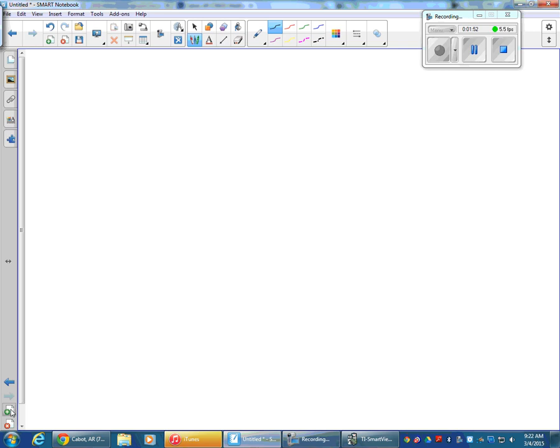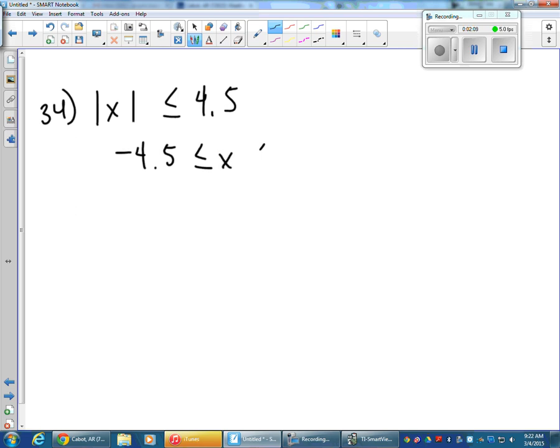Let's say I did problem number 34. It says the absolute value of x is less than or equal to 4.5. That means my number is going to be between -4.5 and +4.5. Whenever it's a less than, it's between two values.